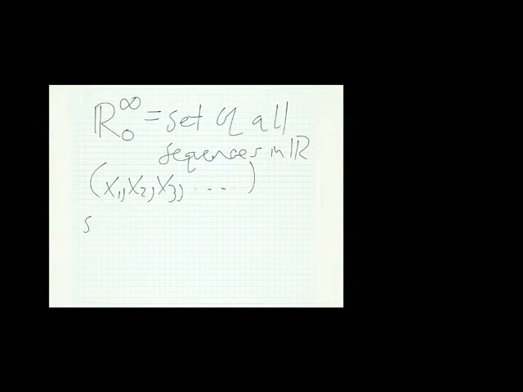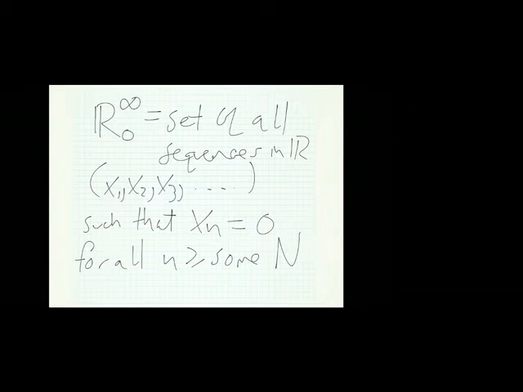I put the 0 because if you wanted, you could take all such sequences, but what I'm actually interested in, because I want to get a normed vector space, is those such that xn is equal to 0 for all n greater than or equal to some n.